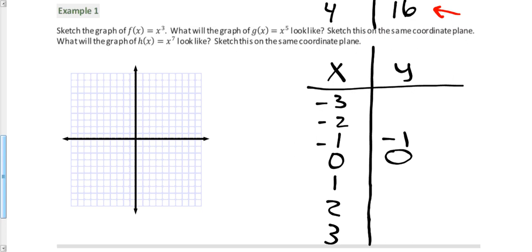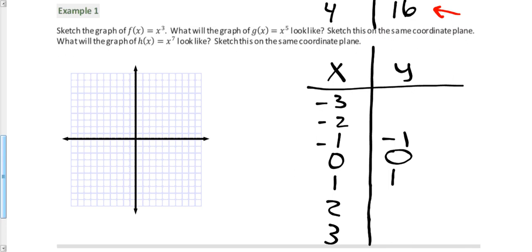How about 1 cubed? 1 times 1 times 1 is 1. Okay. We're doing cubed. So I'm hearing some disbelief.